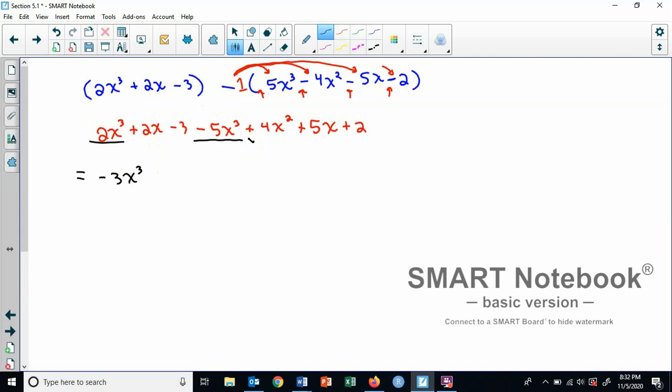Remember, there was one, but it did not have a like term, so I just bring down this positive 4x squared. Then I have a plus 2x, a plus 5x, so this time that is a plus, let's see, 2x's and 5x's. 2 plus 5 is 7x, leaving the x alone. And then minus 3 plus 2, if you're at negative 3 and you add 2, you're at negative 1. Okay?